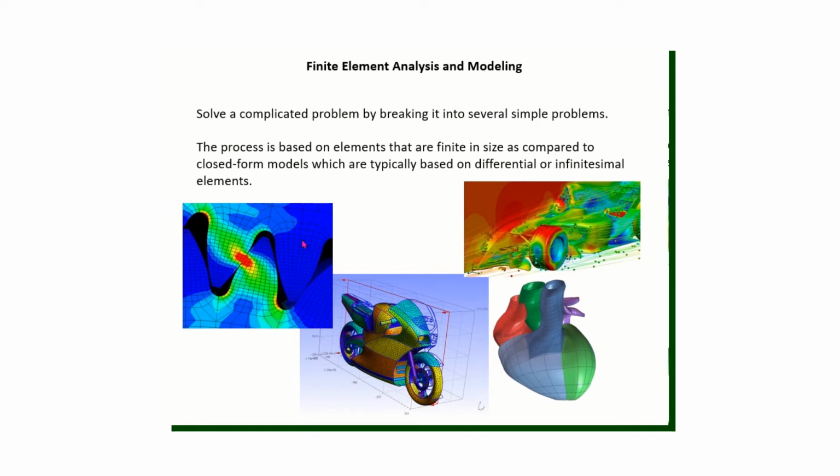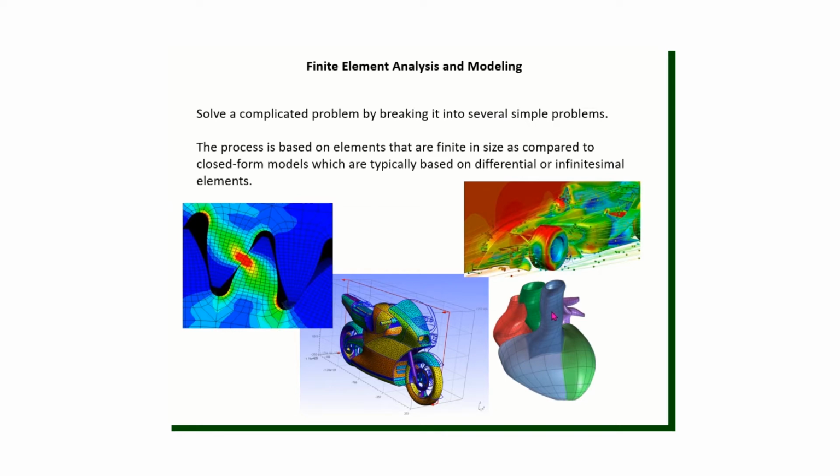Finite element modeling is used to solve all kinds of problems. This image shows the finite element model of a motorcycle that consists of hundreds of thousands of nodes. The goal of this analysis was to determine the natural frequencies and mode shapes of various parts of the motorcycle.